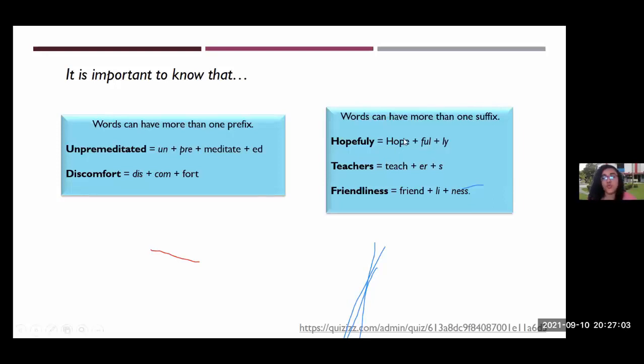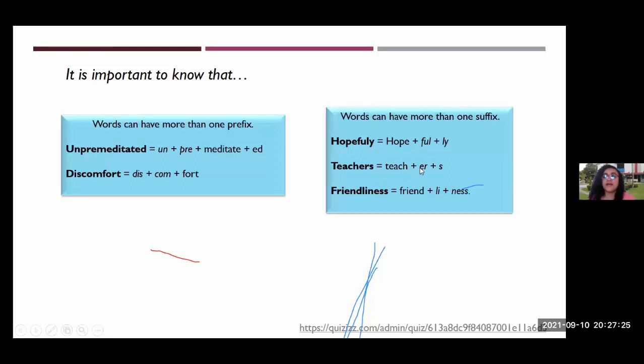For example, the lexeme hope, you can add full and ly, hopefully, and then it changes function. So hope is a noun, hopeful an adjective, and hopefully an adverb, right? So it changes function.